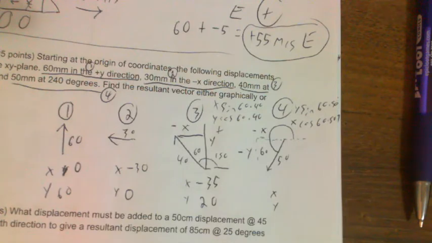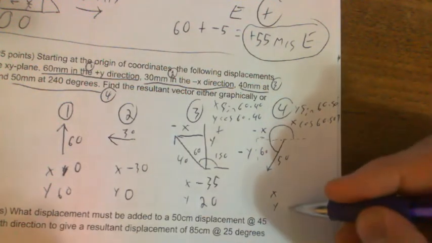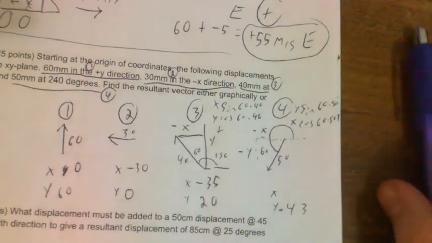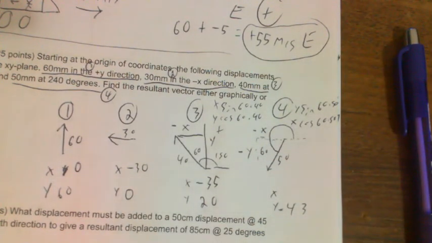So we get sine of 60 times 50 is 43.3. I'm going to call that 43. It's negative 43. And then x here we have negative x, so it's going to be cosine of 60 degrees times 50, which is 25, and that's going to be negative 25.